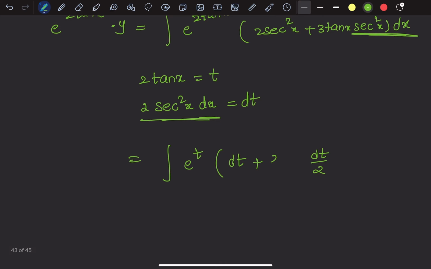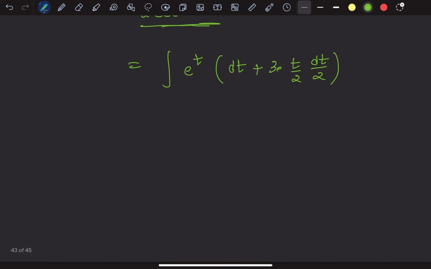Now 3 tan x is simply 3t by 2. So you have integral e to the power t into 1 plus 3t by 4 dt.